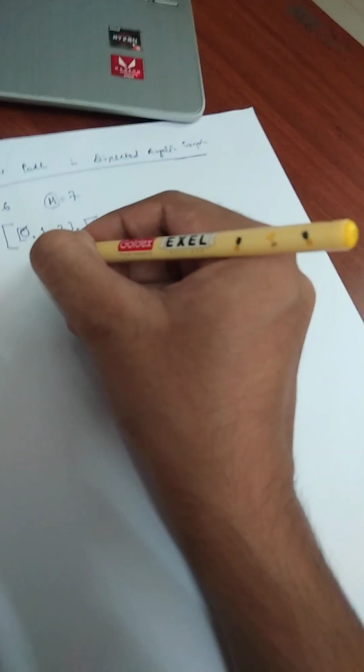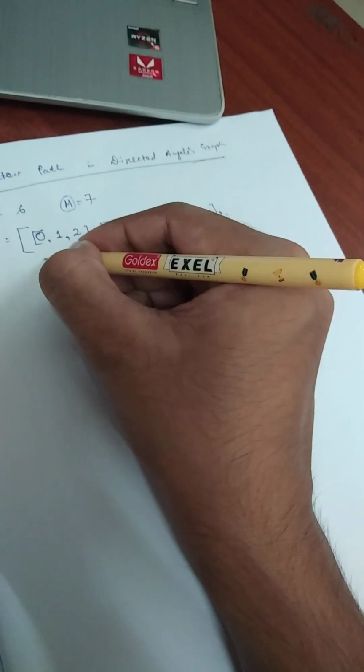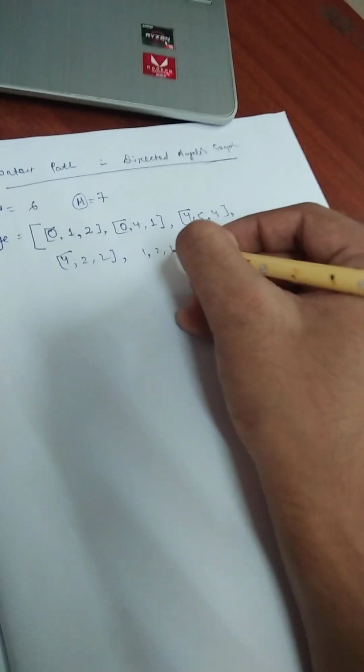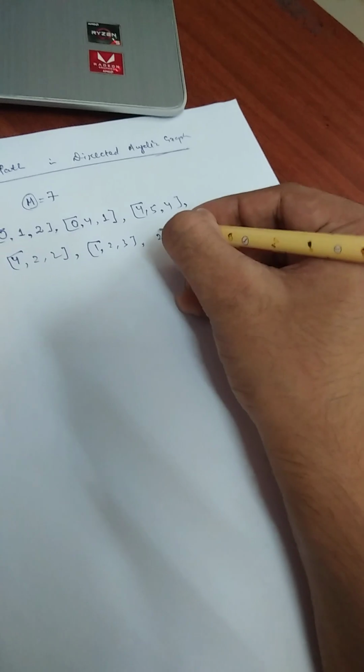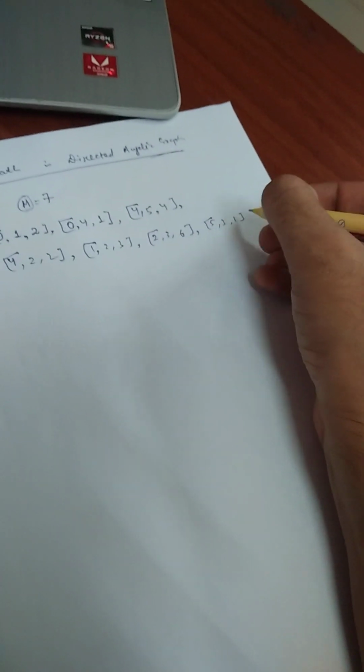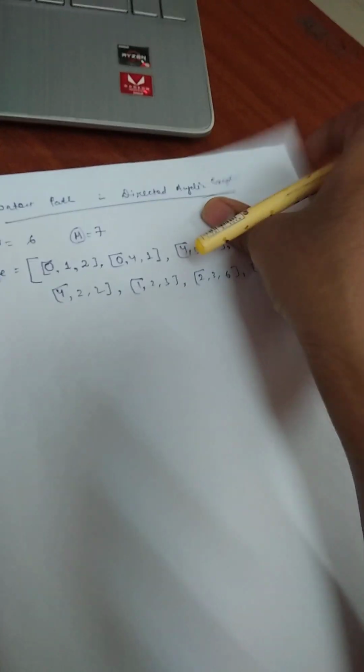So let me write down the edge weights which are given for every pair of vertices that we have in this particular question. So it goes something like this. Okay. And what do we need to find?